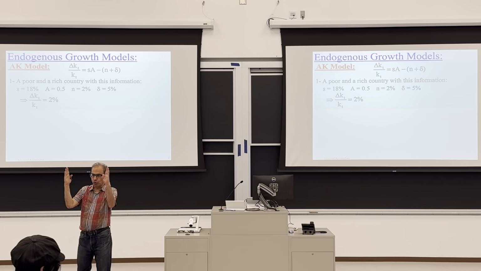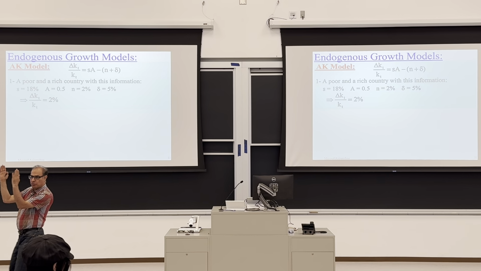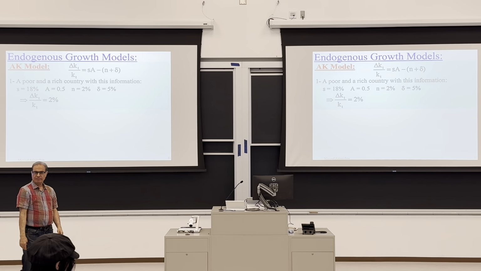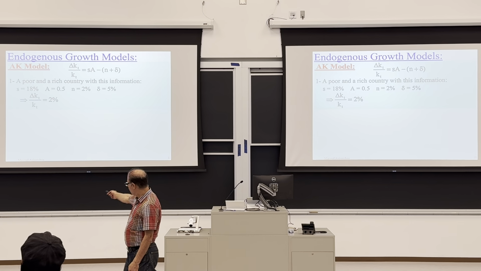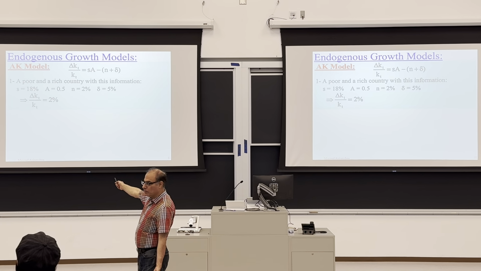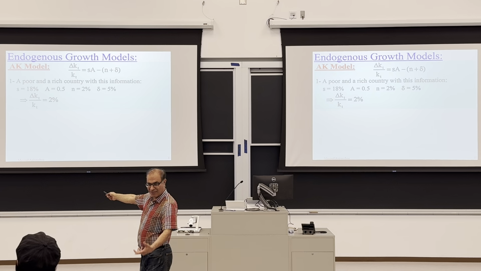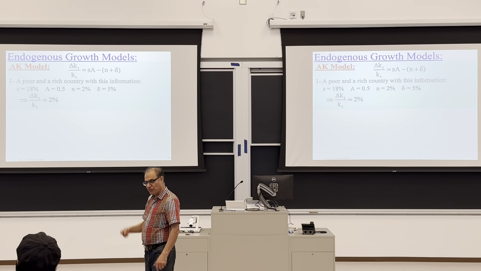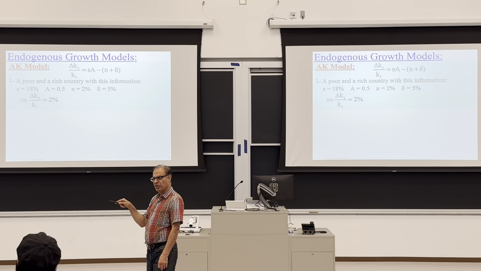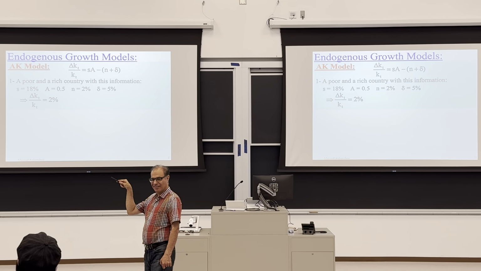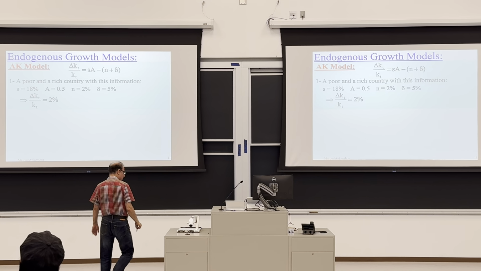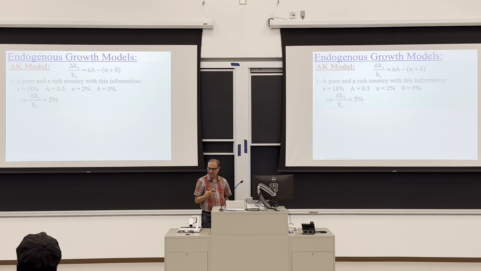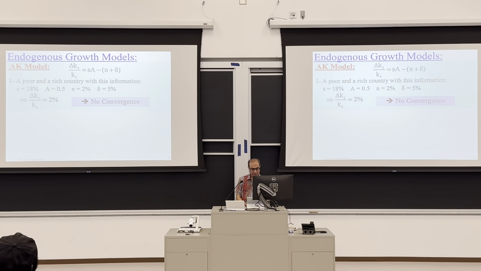Both of them are growing 2% per year. Do they? You see? Both of them are growing at the same rate, but one of them is richer. So a rich country remains rich. Is that right? So you see, no convergence. I mean, the poor country cannot get to the rich country.